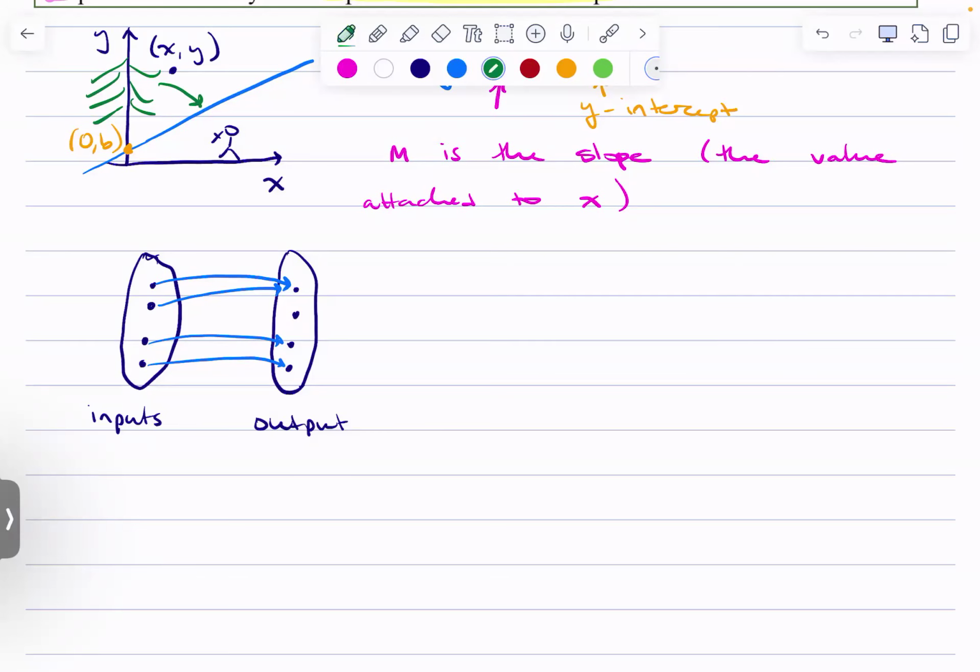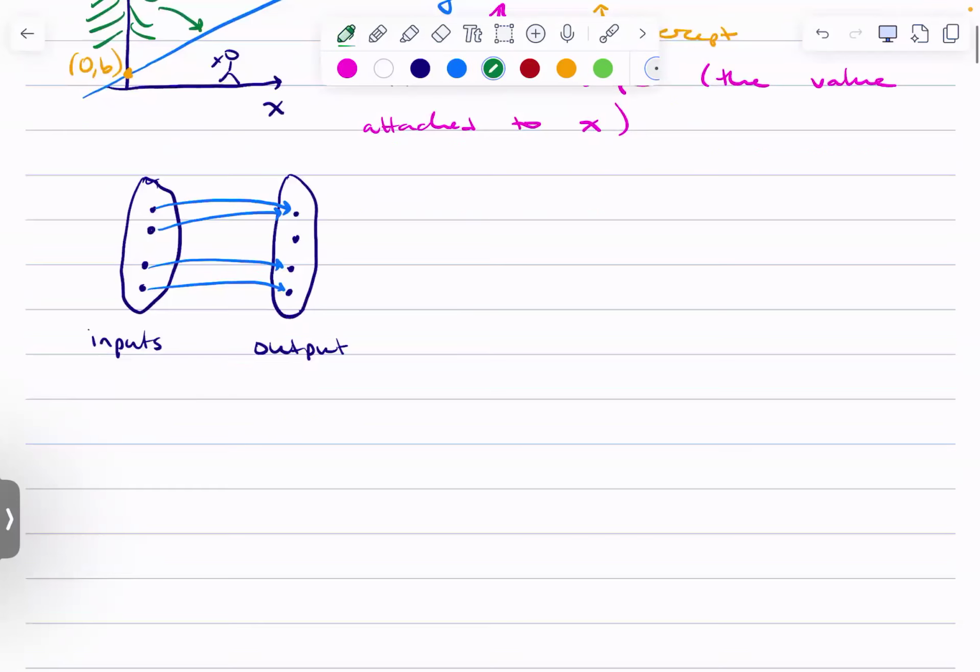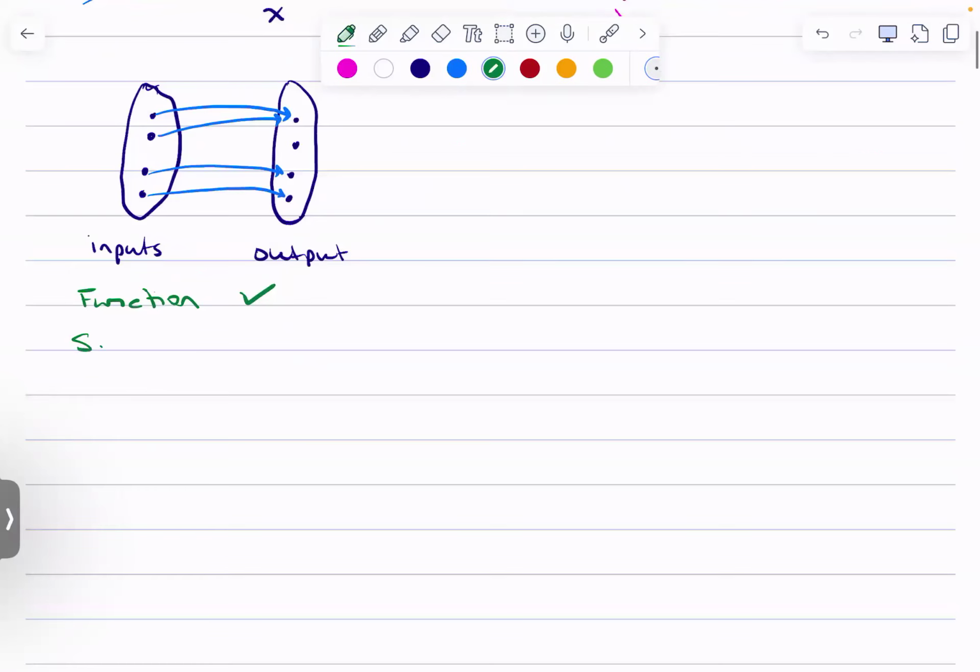So this is a function, since each input yields a unique output.